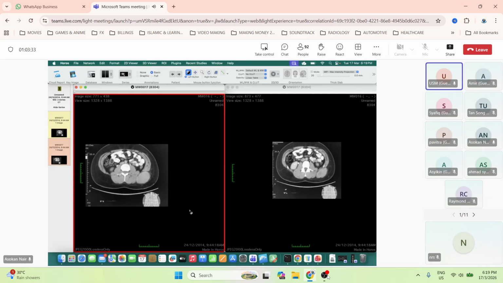Other than that, if this is a pediatric patient, rhabdomyosarcoma. Okay, possible, yes. Anything else? Other than that, no idea, Prof.